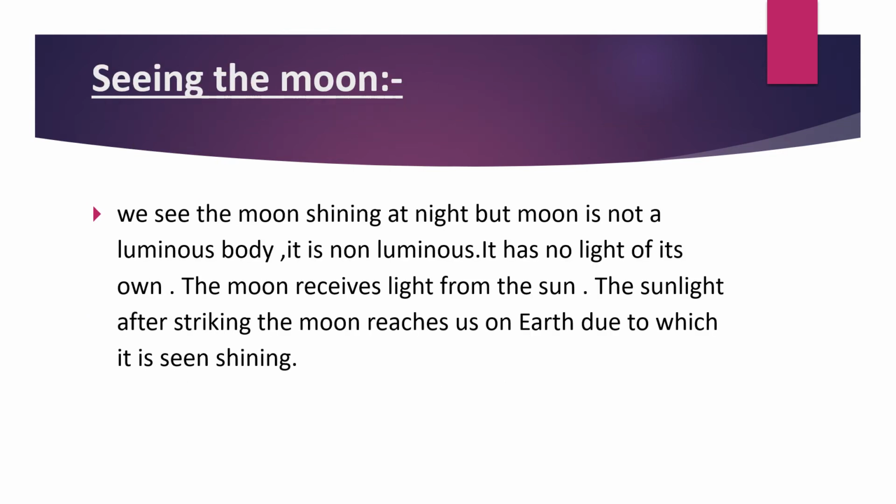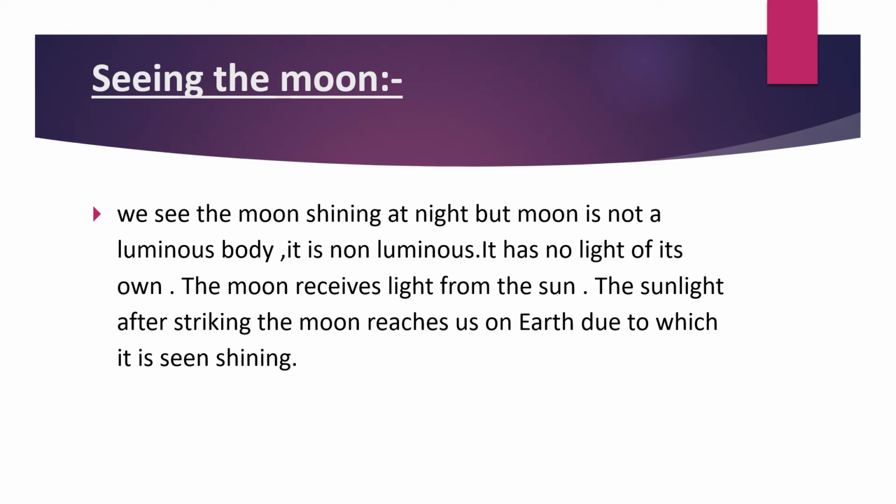Seeing the moon. We see the moon shining at night, but moon is not a luminous body. It is non-luminous, which means that the moon does not produce its own light, but it is seen because of the light falling on it from some luminous body, which is sun.